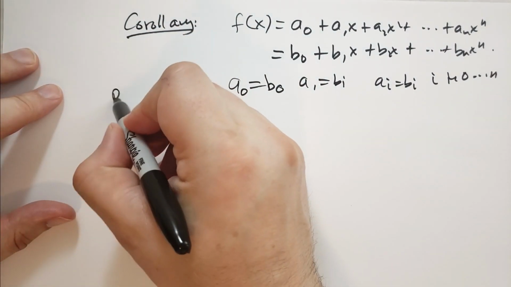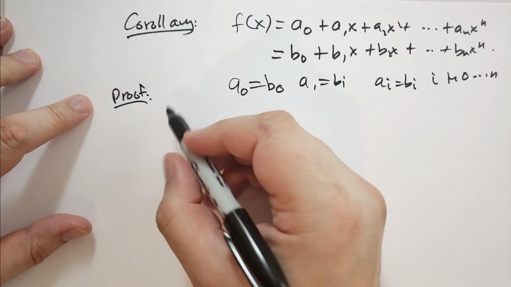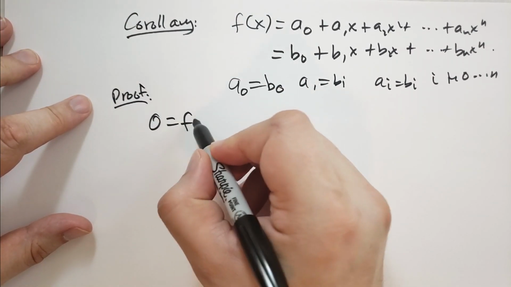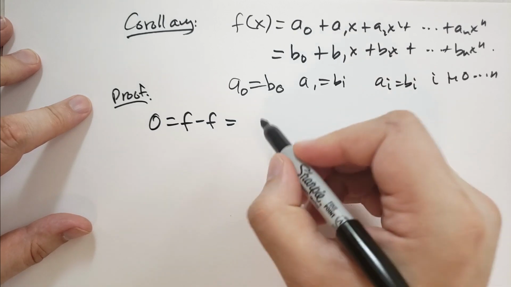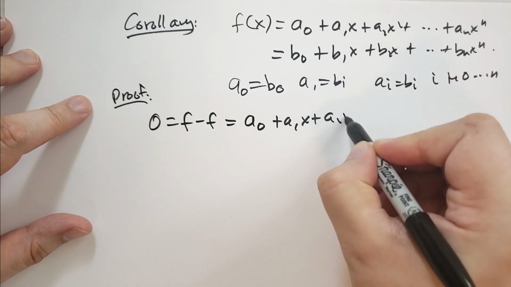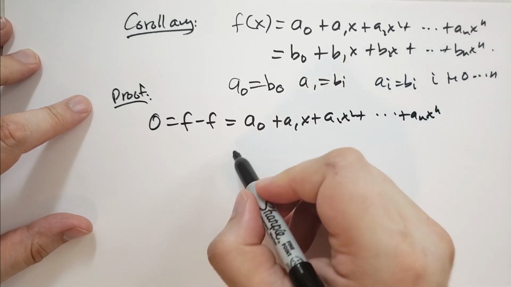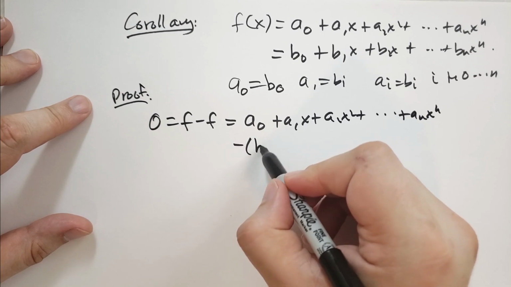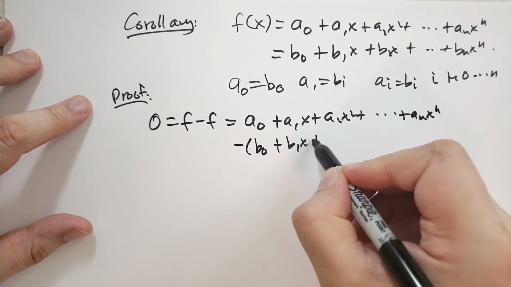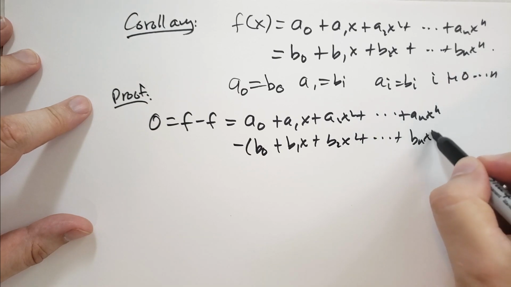And the proof is a little bit of a proof by contradiction. So what we're going to say is, suppose that we had the 0 function, which is f minus f, right? So that would be a0 plus a1x plus a2x squared plus ... an(x to the n). And we're subtracting b0 plus b1x plus b2x squared plus dot, dot, dot, up to bn x to the n.